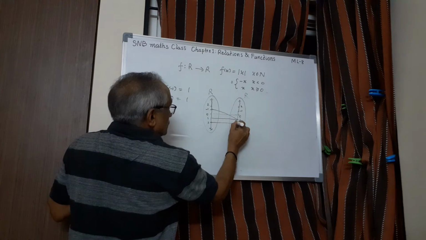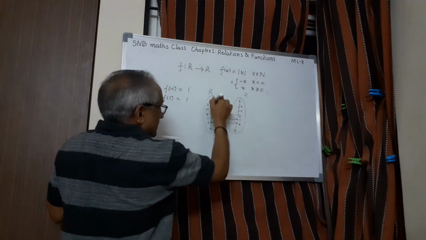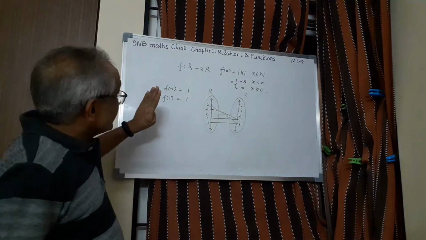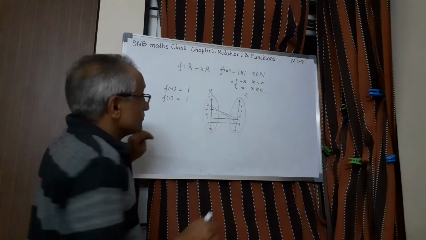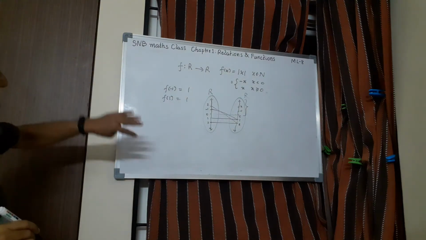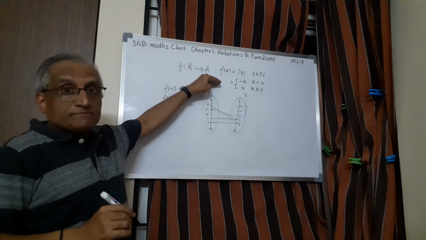So 2 will go to 2, minus 2 also will go to 2. Like that, all the negative elements will come this side only. So it is neither 1-1 nor onto, because these elements are left. So you cannot define inverse function for this.